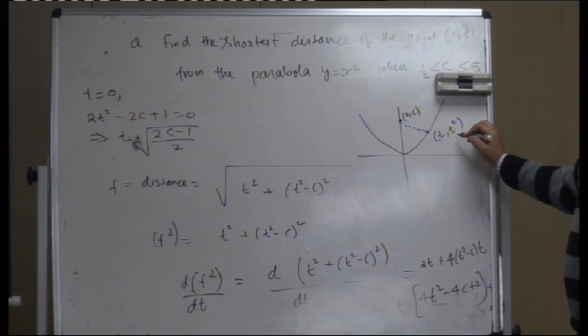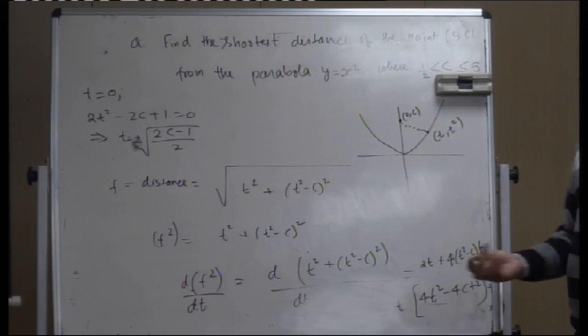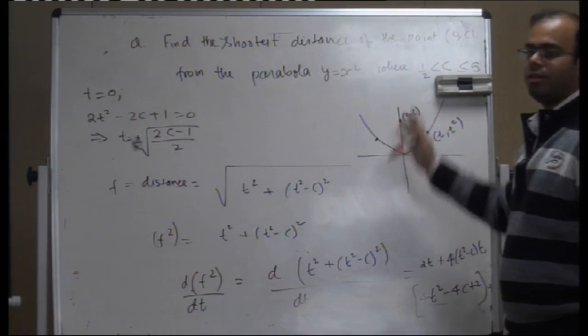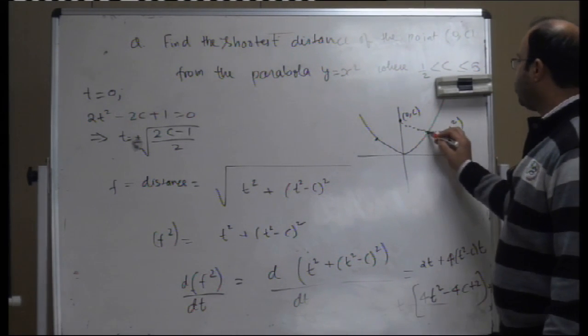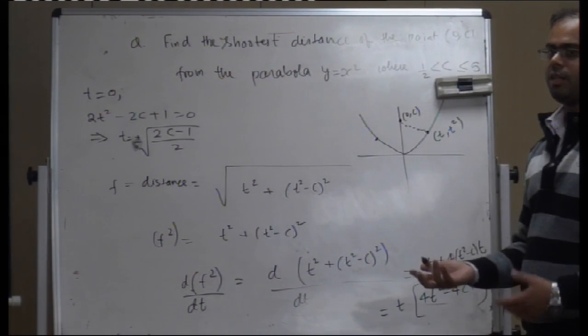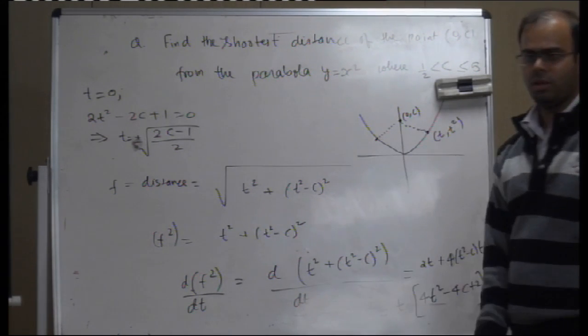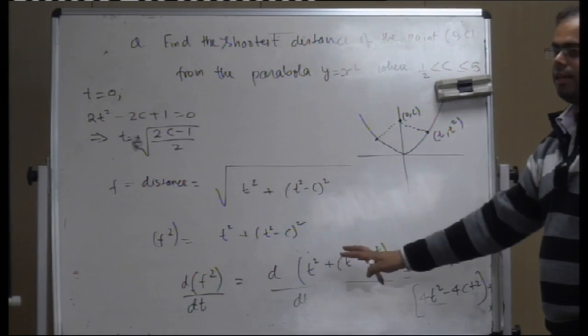So t you can take positive as well as negative with the same numerical value, because if there is a value here, there is a symmetrical value here also. This is symmetric about the y-axis. So if some value here is giving you the shortest or longest distance, then the similar point will give you the shortest or longest distance here also. So it is logical that you are getting a plus minus sign there.